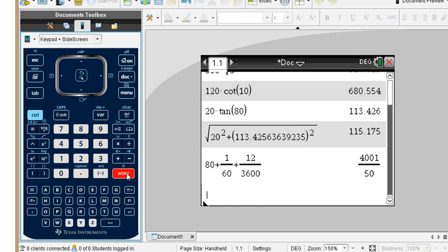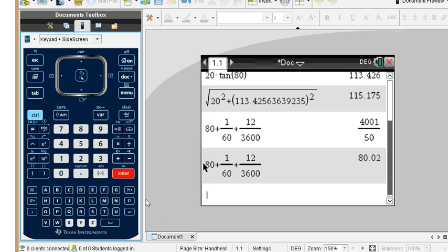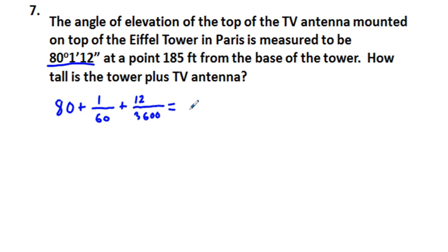And for that, we're going to get the improper fraction 4001 over 50. And to get this decimalized, we have 80.02 degrees. So we come back here, we have 80.02. Now it's interesting that they're using feet here, whereas in France, I believe it's meters they use.